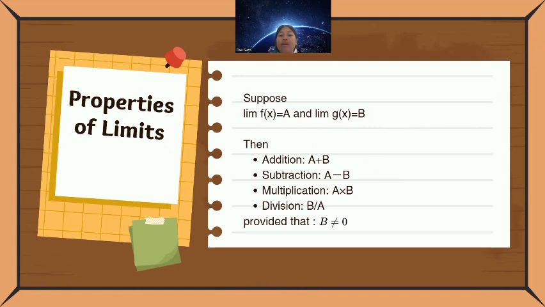The limit of the product is a multiplied by b. The limit of the quotient is a divided by b, provided that b is not equal to 0. These properties make solving limit problems much easier.